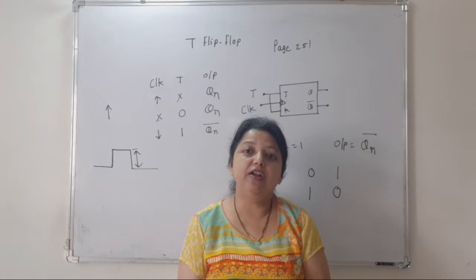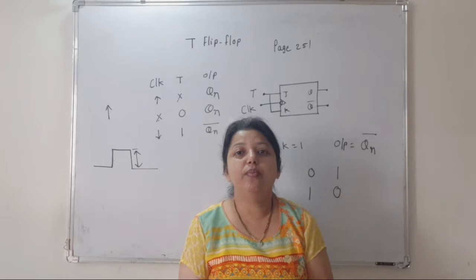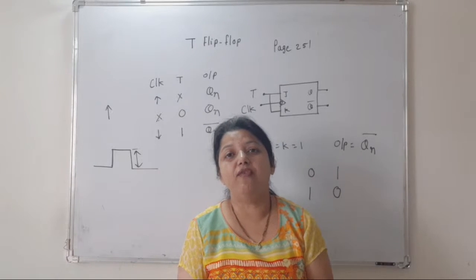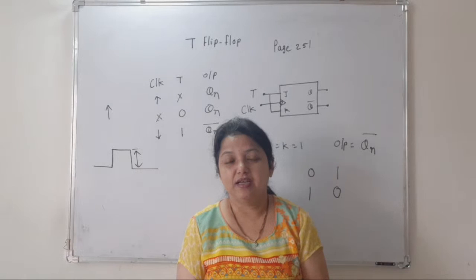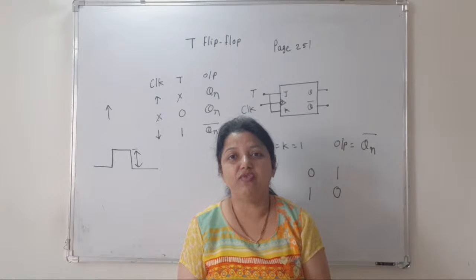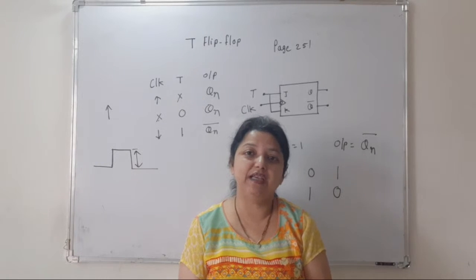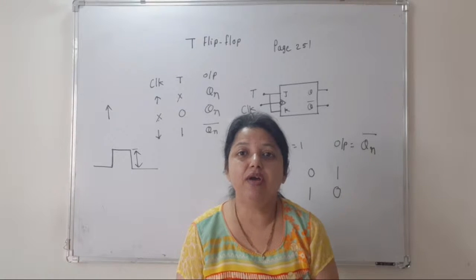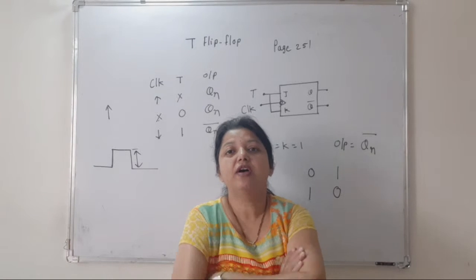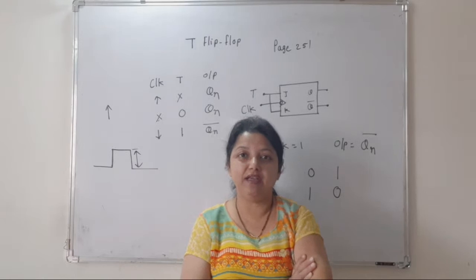If you provide a high input to PR, then every flip-flop is set. Means 1 is stored in every flip-flop, that is known as a preset key. Means externally you are able to set that flip-flop with the help of that preset key. Do you understand?